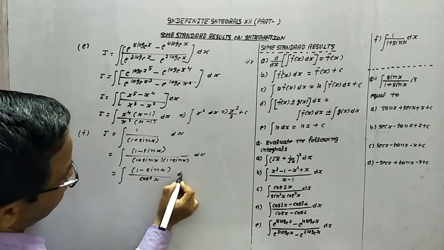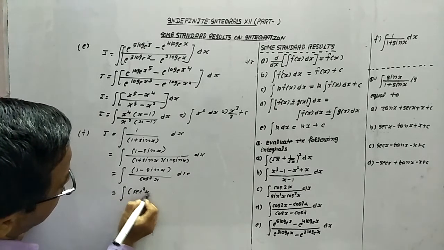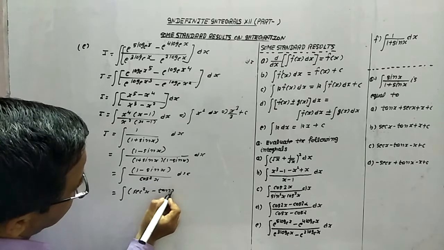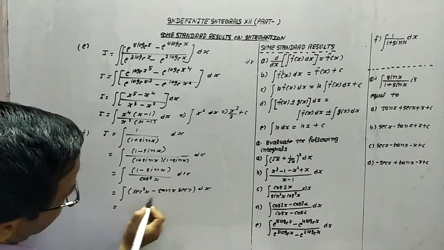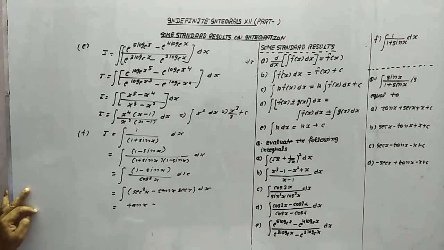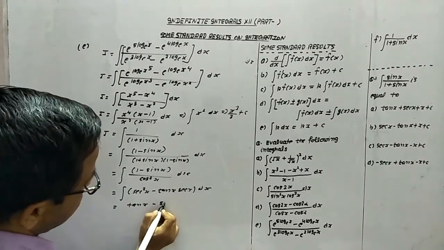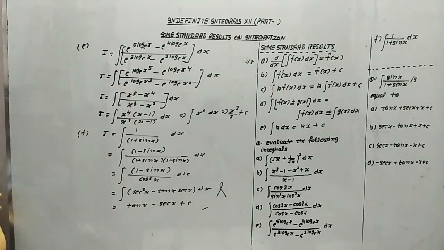It means cos square x, dx. It means this is the integration of sec square x minus tan x sec x, dx. So the integration of sec square x is tan x, and the integration of sec x tan x is sec x, and this is plus c, and this is the answer.